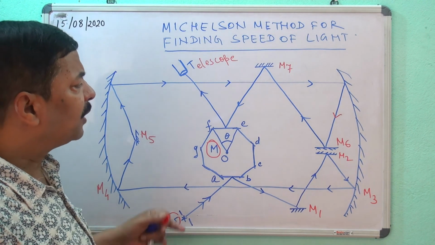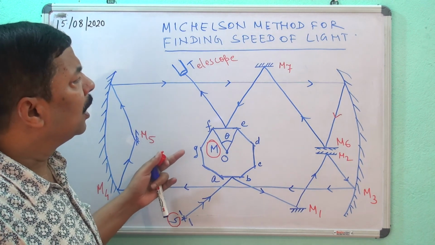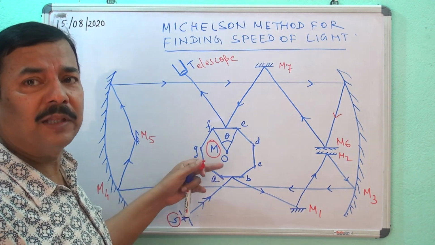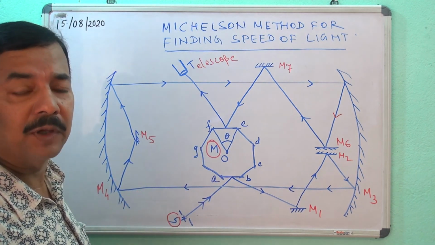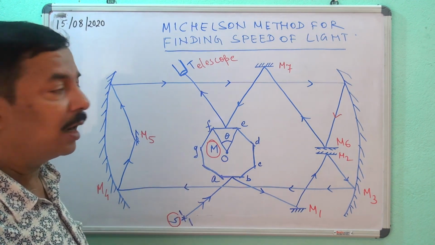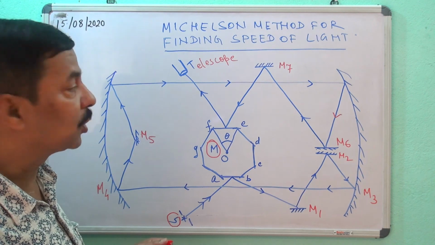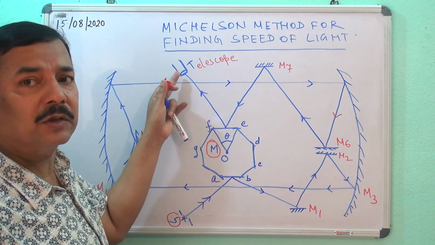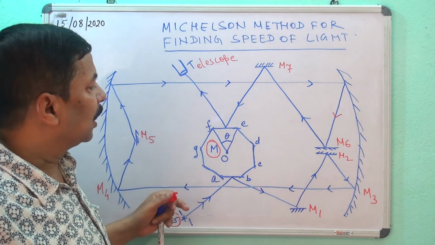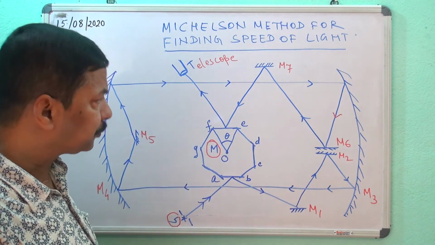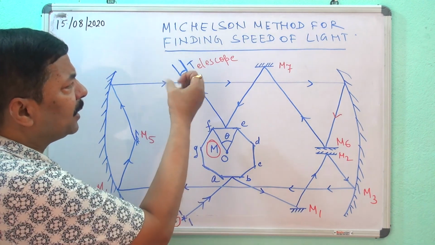Now, after that, the polygon mirror is rotated with the help of an attached motor. Initially the sharp image is observed in the telescope. When the polygon mirror starts rotating, flickering of the image is observed.